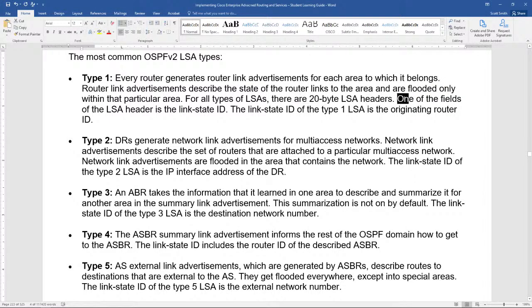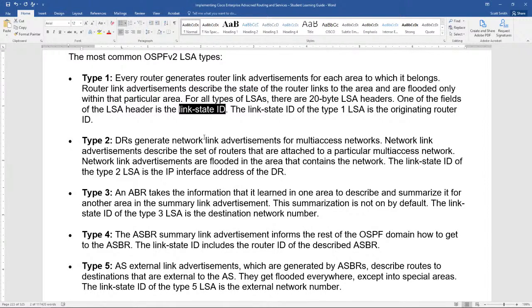And then one of the fields in that header is something called the link state ID. This is something that shows up in the OSPF database when we look at the OSPF database, and it verifies basically the originator of the link state advertisement. Meaning that it identifies either the network that's being advertised or it identifies the originator of the LSA itself.